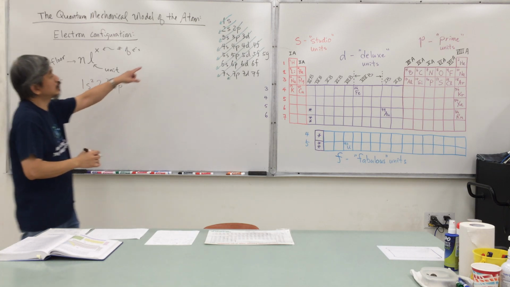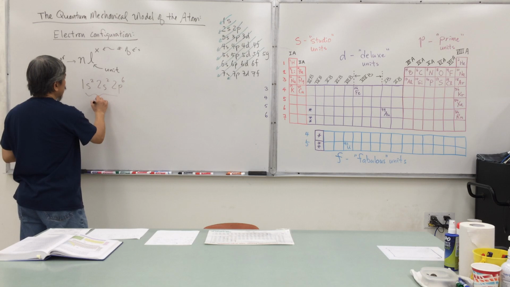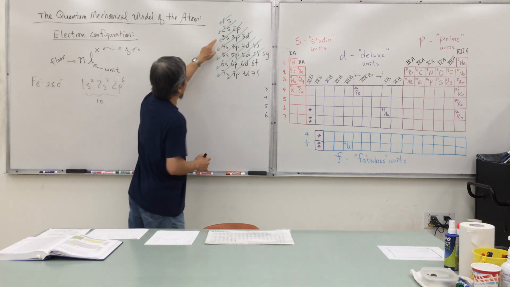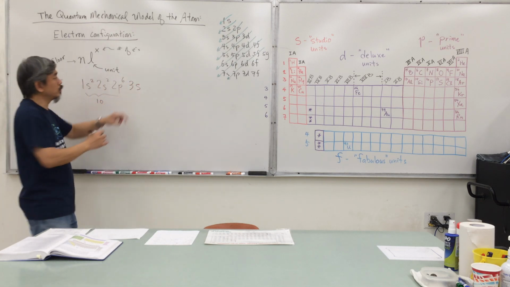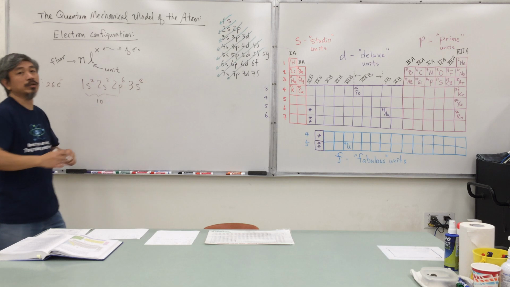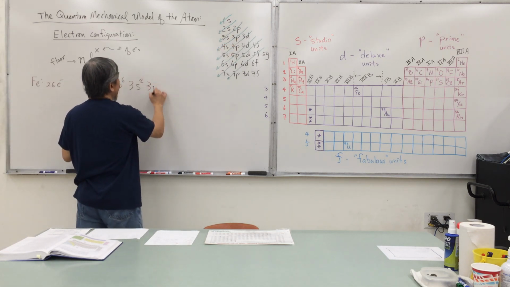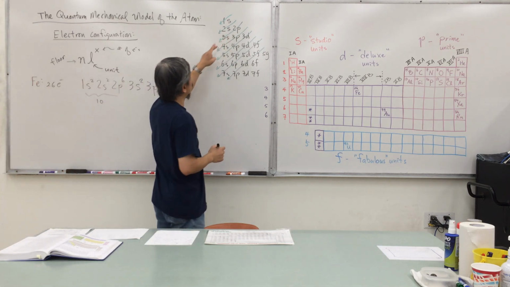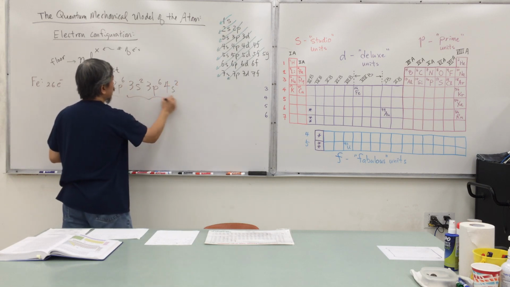So in this case, I've done this up to here, and so far I have 10 electrons, I still need some more, so I continue. After 2p, where do I go? I go to 3s, and you have to recognize that whenever you have an s orbital, you can only accommodate a maximum of 2 electrons. So that's 3s there, from there I go to 3p, and p can accommodate 6 electrons. After 3p, you now go to 4s, and that can accommodate 2.